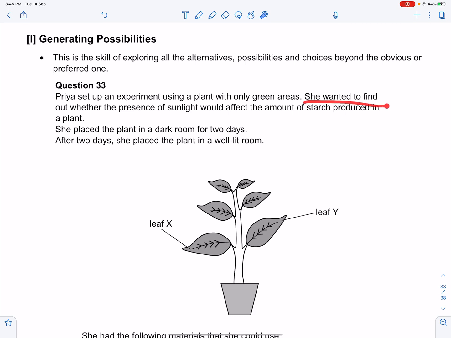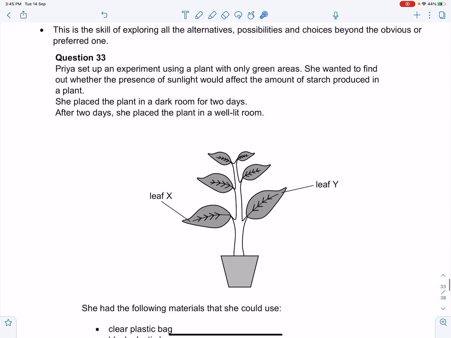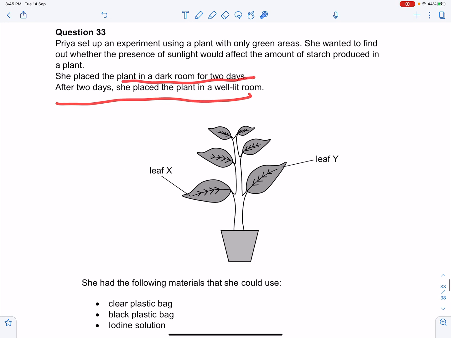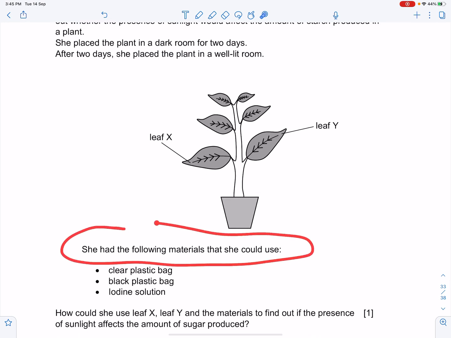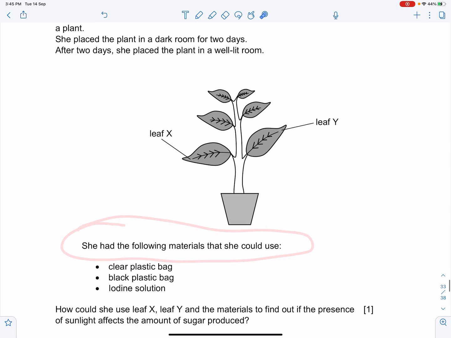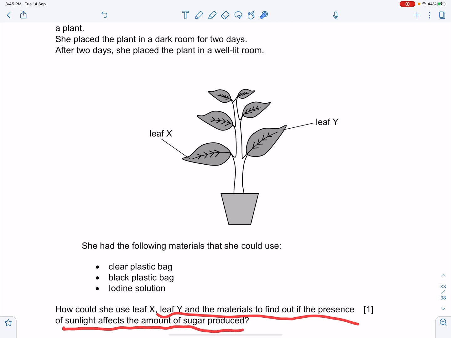She wanted to find out whether the presence of sunlight would affect the amount of starch produced in a plant. She placed the plant in a dark room for 2 days. After 2 days, she placed the plant in a well-lit room. She had the following materials. How could she use leaf X and Y and the materials to find out if the presence of sunlight affects the amount of sugar produced?